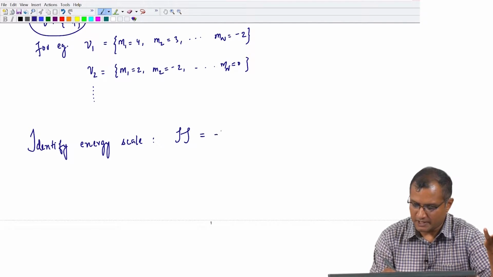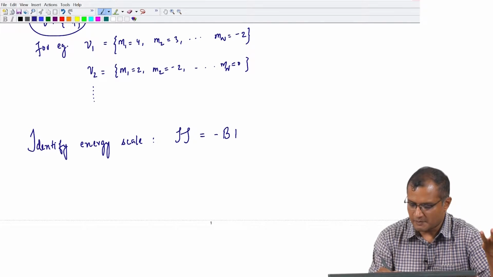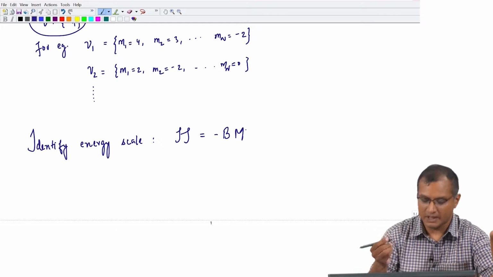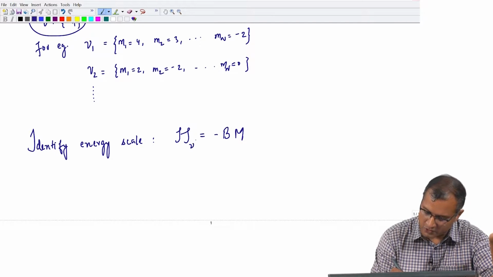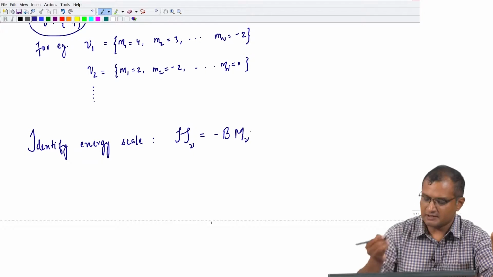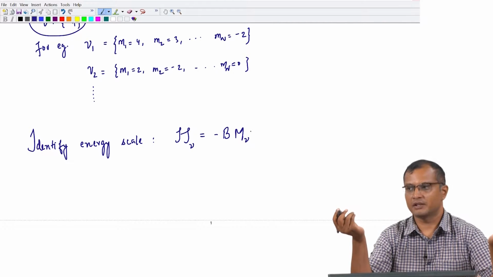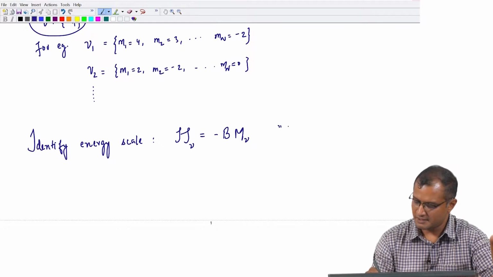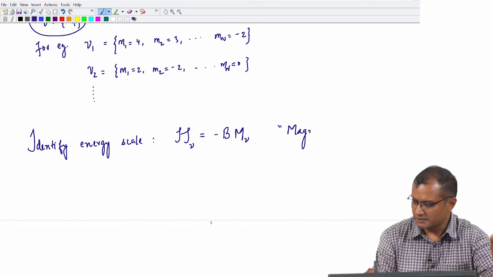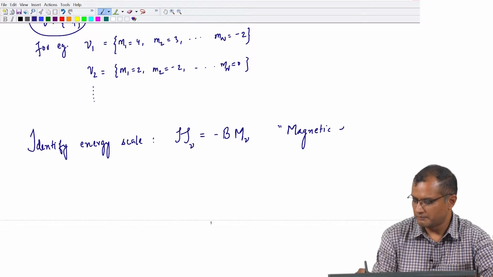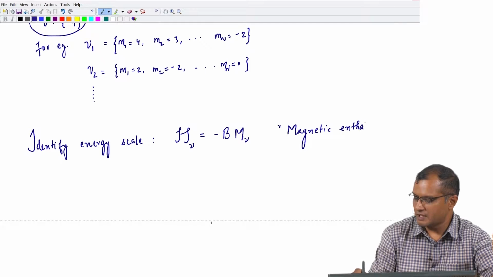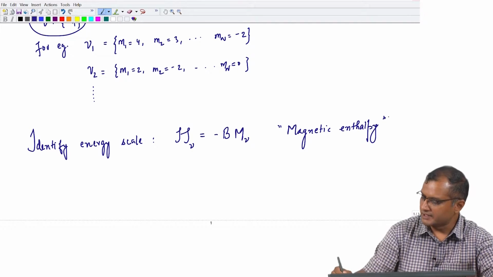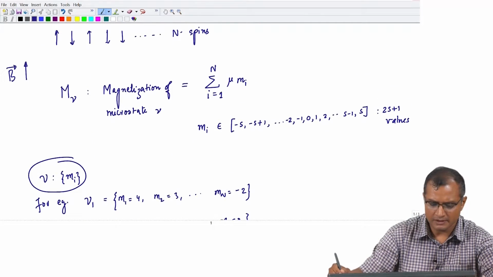So, I am just going to write down the magnetic enthalpy as minus Bm. Okay. So, if this is the Hamiltonian of the nu-th microstate, then it is just minus B times m nu, okay, also called the magnetic enthalpy. There is no other scale in the problem. The spins are non-interacting. I think I have already mentioned this.